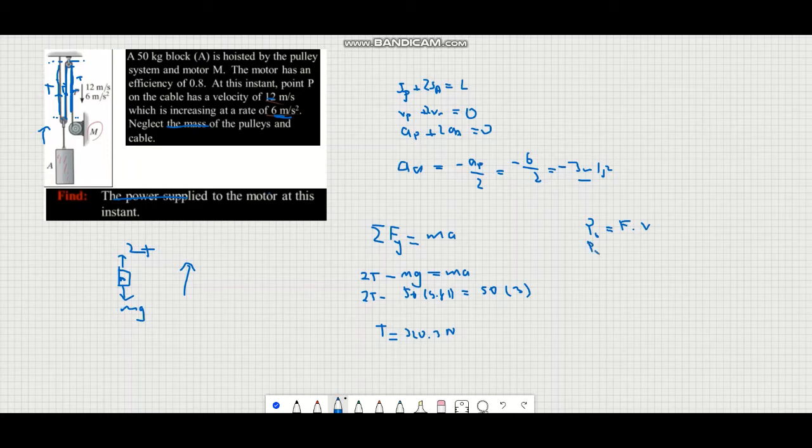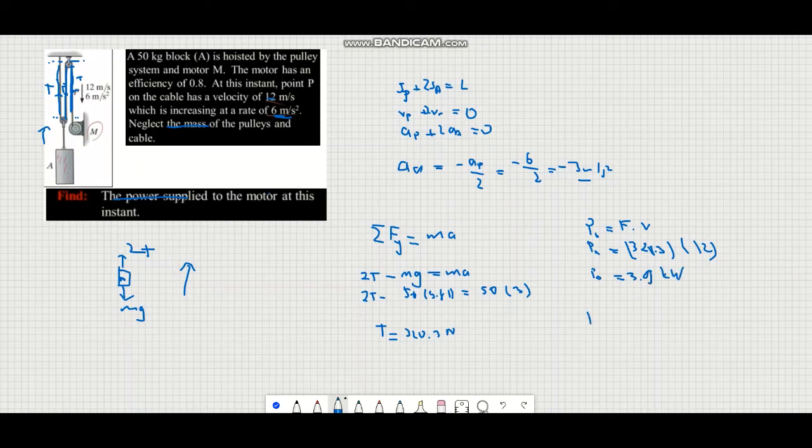So basically the force, which is the tension, 320.3, multiplied by the velocity, which is 12 meters per second, and we find that the motor gives an output power of 3.89, which is almost 3.9 kilowatts.